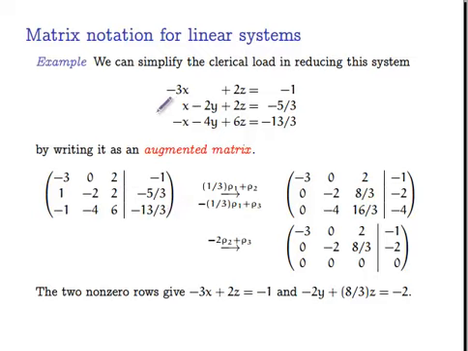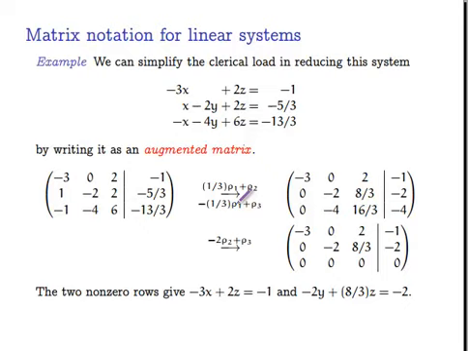So rather than writing x, y, and z, we just keep the coefficients in line. In this particular case, if I wanted to eliminate the x from the second equation, I'd have to add 1/3 times the first row to the second row. That's expressed by this operation here. Similarly, if I wanted to eliminate the x from the third equation, I'd have to subtract 1/3 times the first row. That's expressed by this operation here.